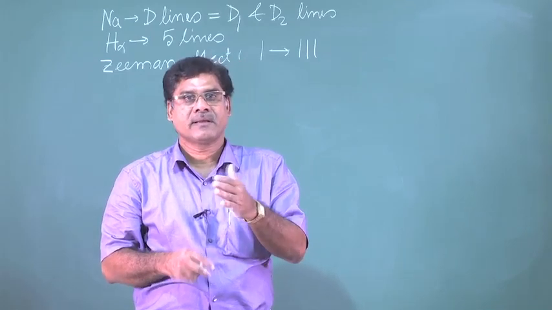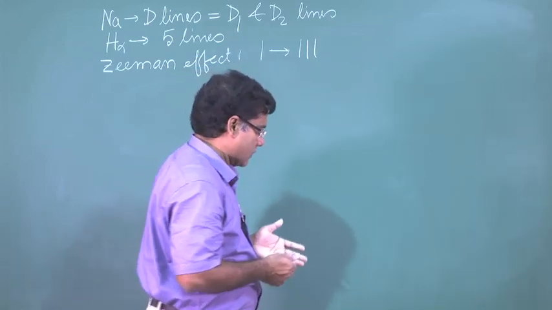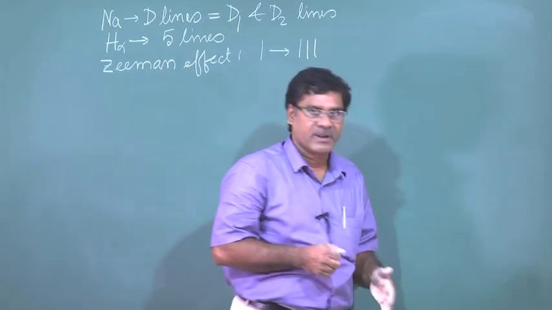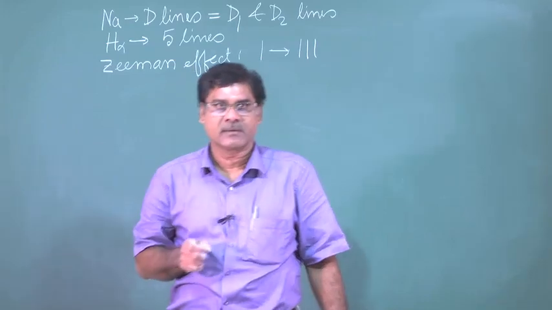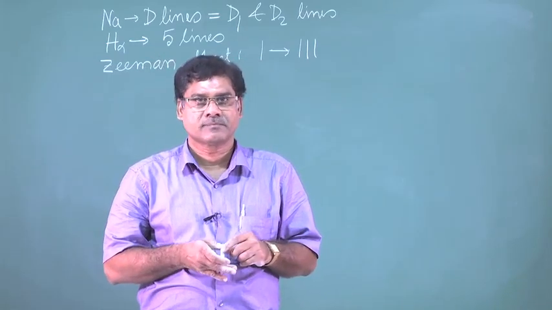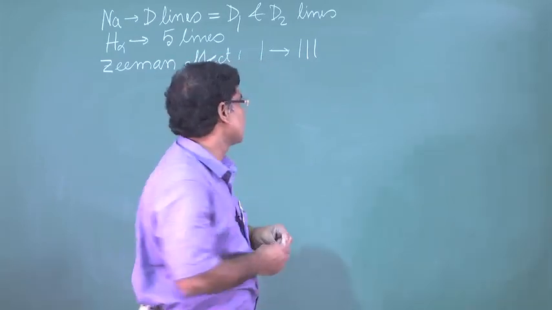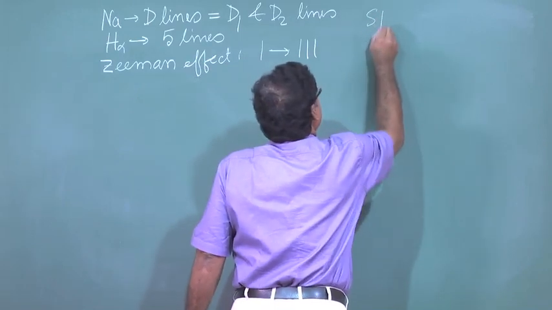It can orient in any direction. So now Sommerfeld again put this condition that no, it cannot orient in any direction. Here it is again quantized. So, that is called space quantization.